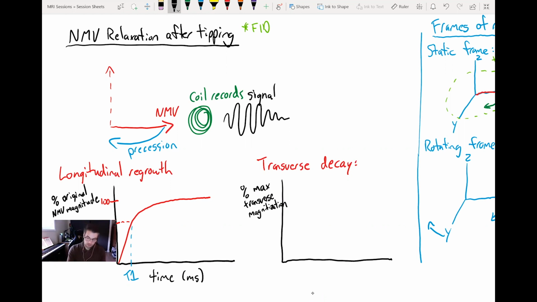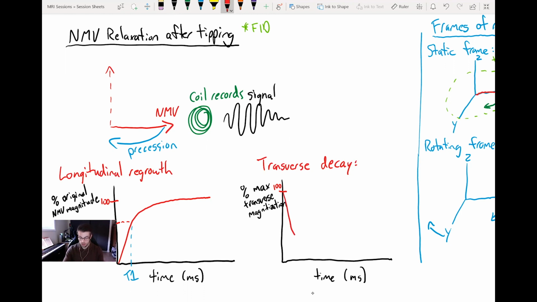Okay, so immediately after the tipping is complete, we have our transverse magnetization at 100% again. I'll draw that up above. So that means that this curve starts at time 0, which I will label here. It's also in milliseconds. This line starts up at the top and then very rapidly decays.